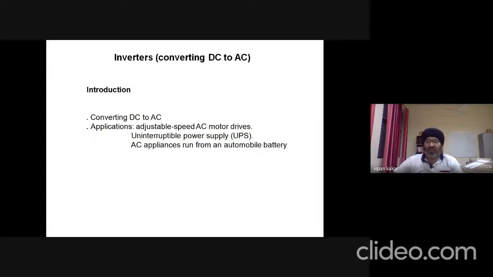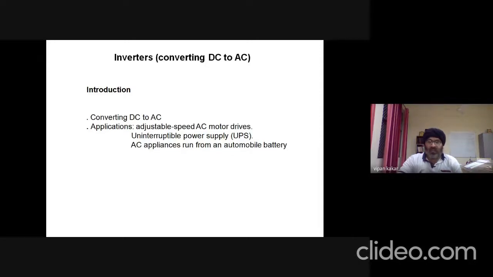And there are several others, like in solar power also. In solar power, we have DC to DC converters, and then after DC to DC converters, we have DC to AC converters. So for powering using photovoltaic panels or solar panels, inverters have a very useful application.